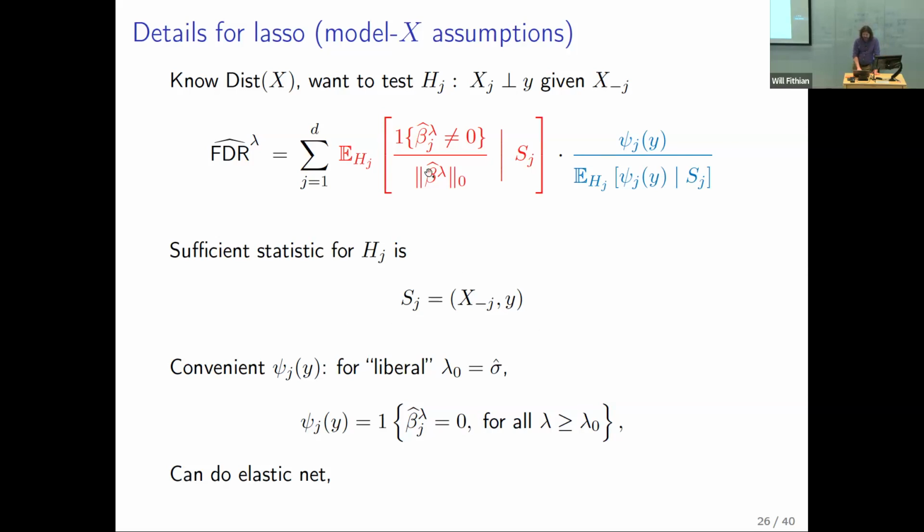This is the correct sufficient statistic, and we can just do this. We can do elastic net, SCAD, graphical lasso, and so on.